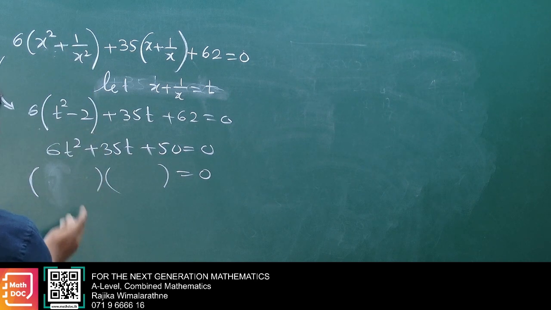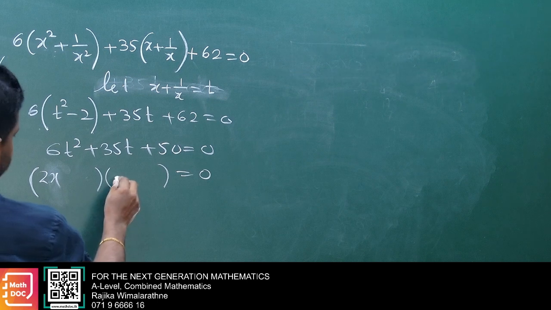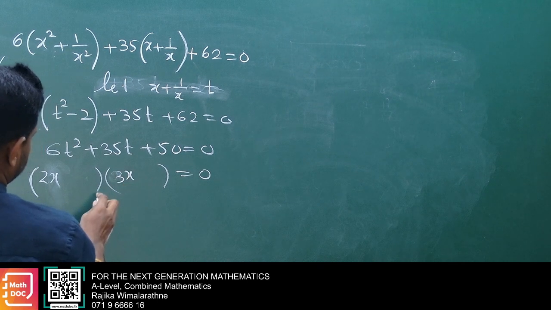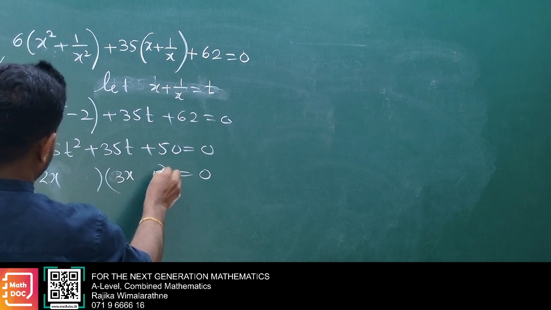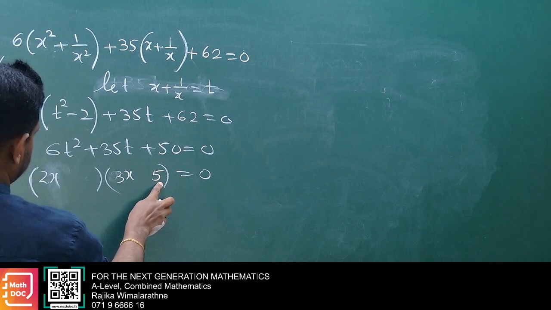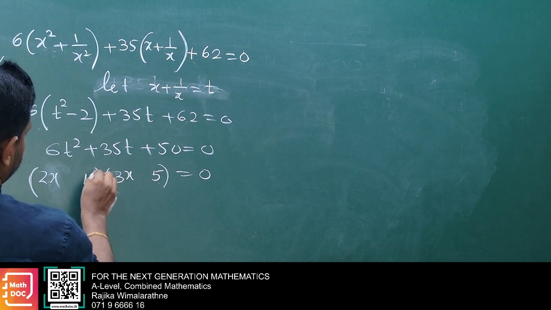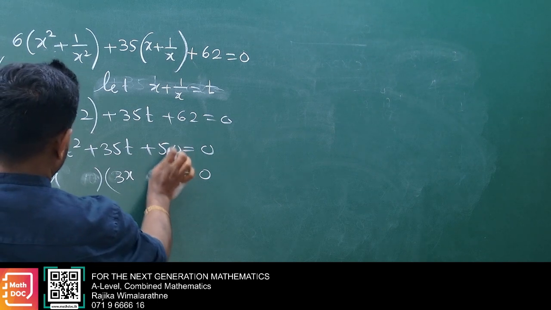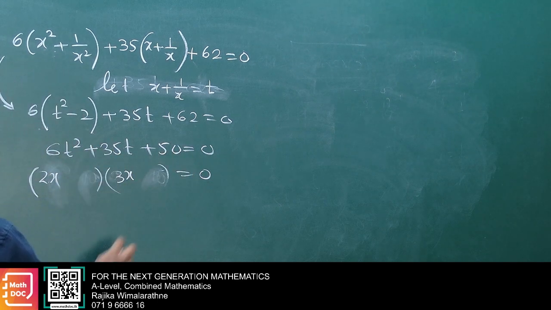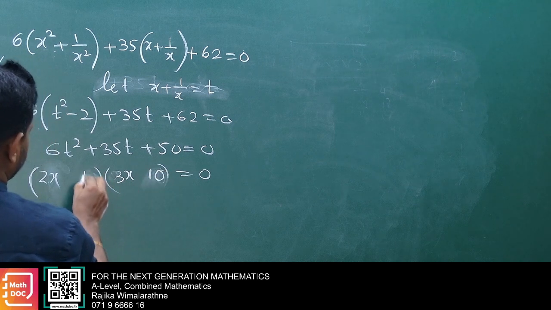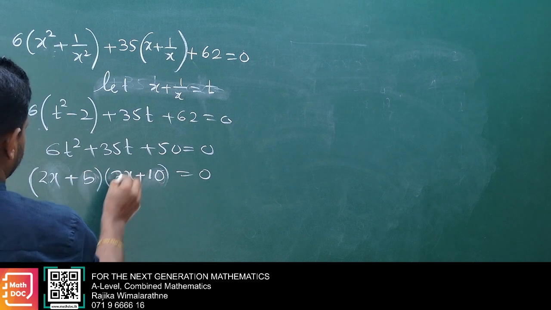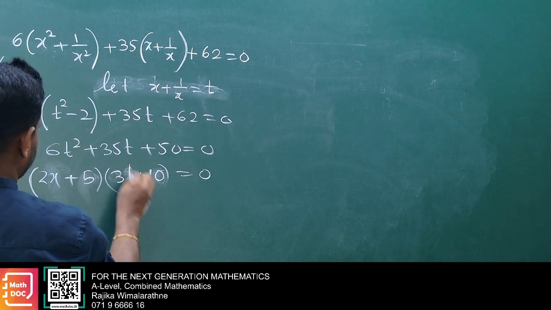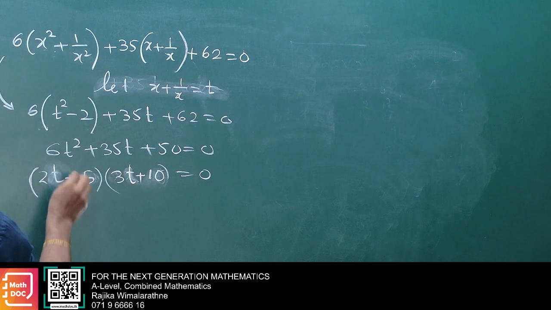Here factor: 2t and 3t, 5 and 10, that is (2t plus 5)(3t plus 10).